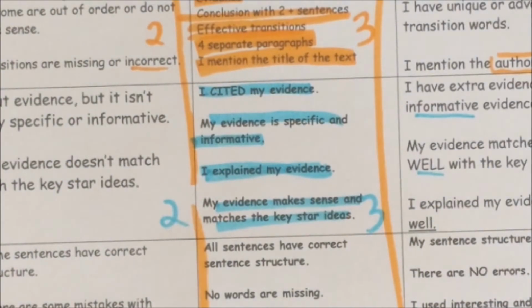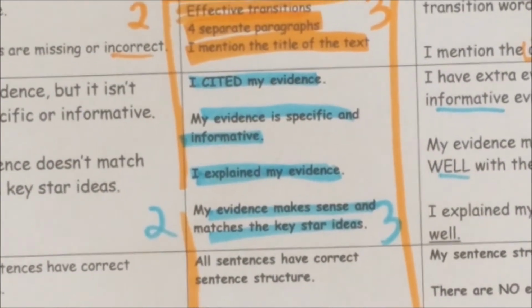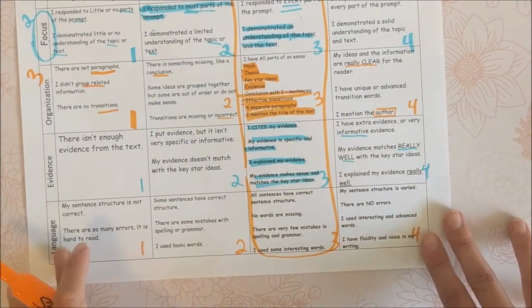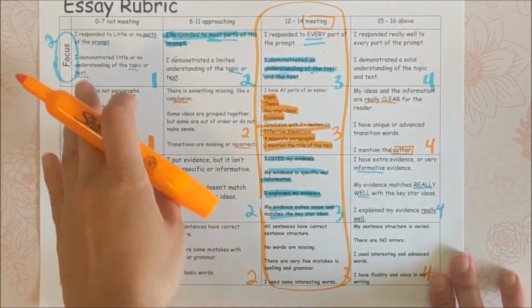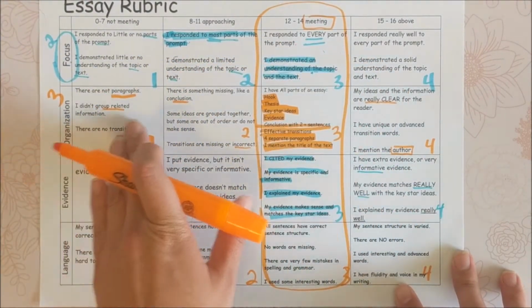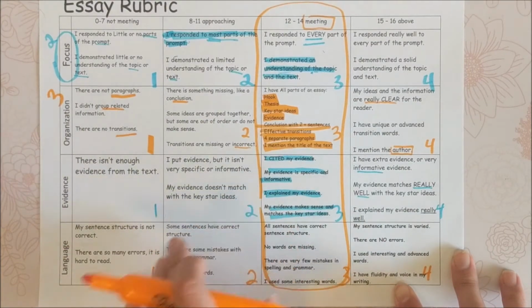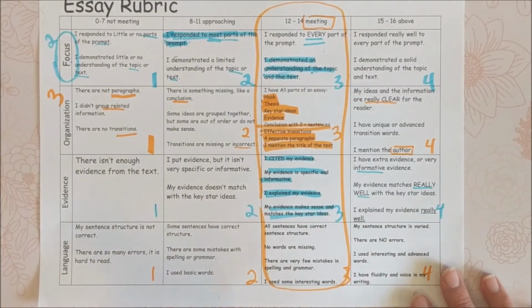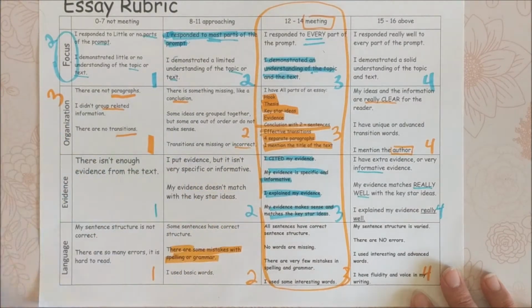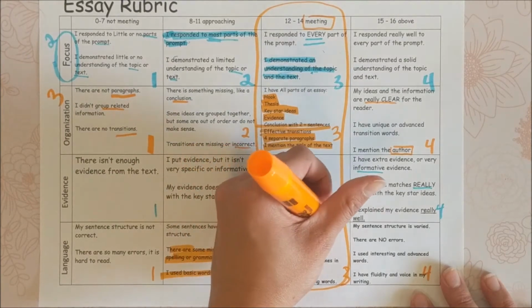So let's go ahead and zoom out here. So you would just go one thing at a time. So you do focus and kind of highlight where you think the essay falls, then organization, then evidence, and then language. Let's say that this person has mistakes with their spelling and grammar, and they use some basic words, but their sentence structure was okay.